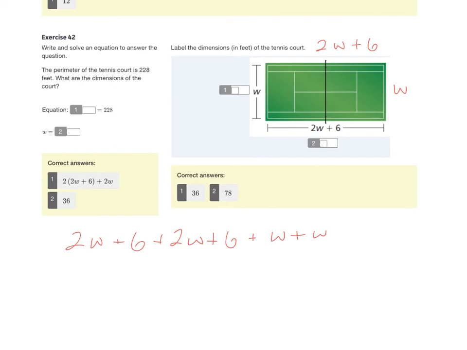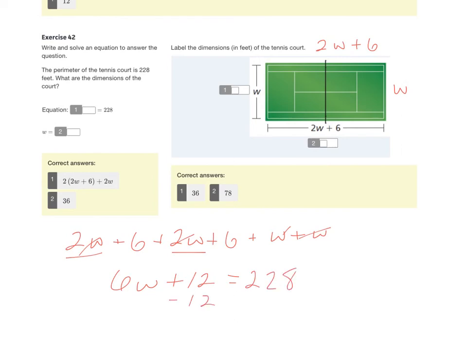Let's add all the w's. So I got 2, 4, and 2 more is 6w. And then 6 plus 6 is 12. And then that's going to equal our perimeter, which is 228.